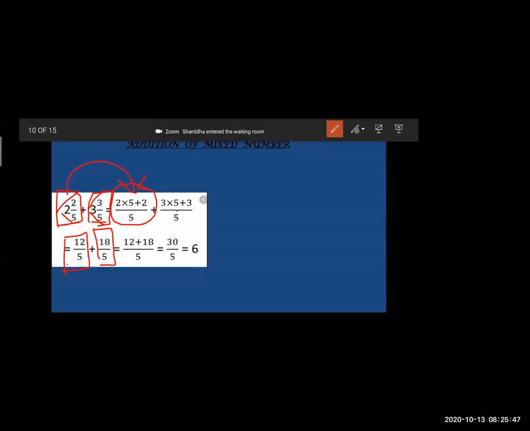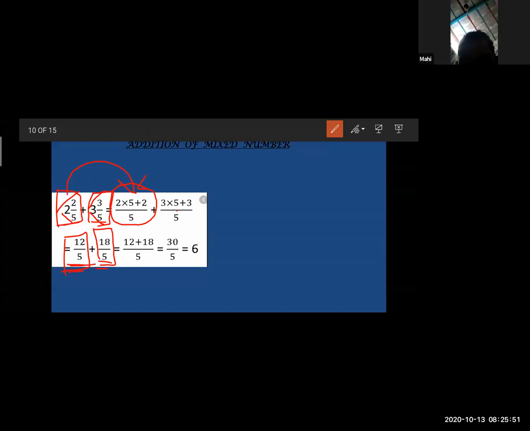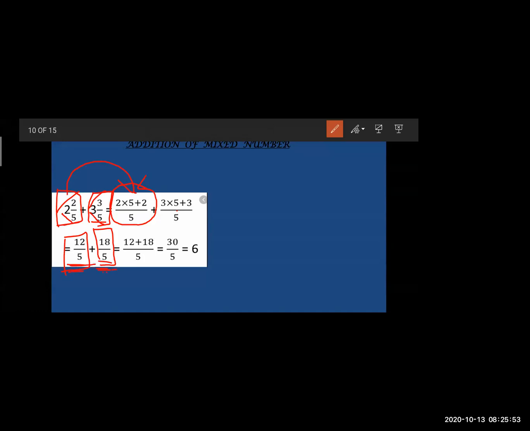Here both the denominators are same as you can see here. Here is also the denominator 5. Here also denominator is 5. So when you have such fractions whose denominators are same, equal denominators, you have to just add the numerator. The upper ones are called numerators.